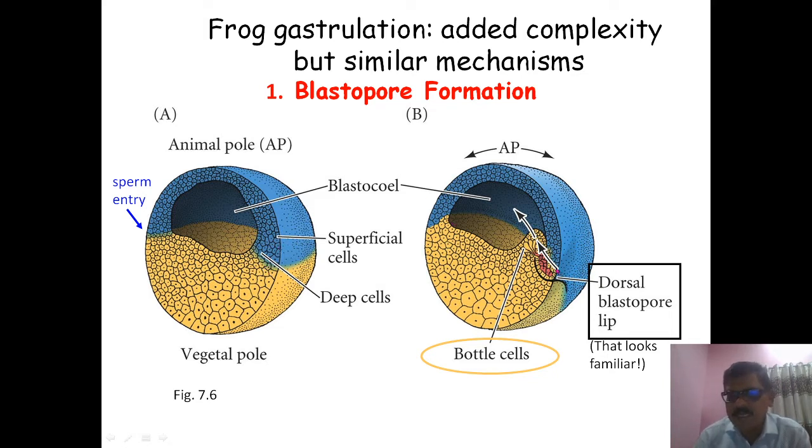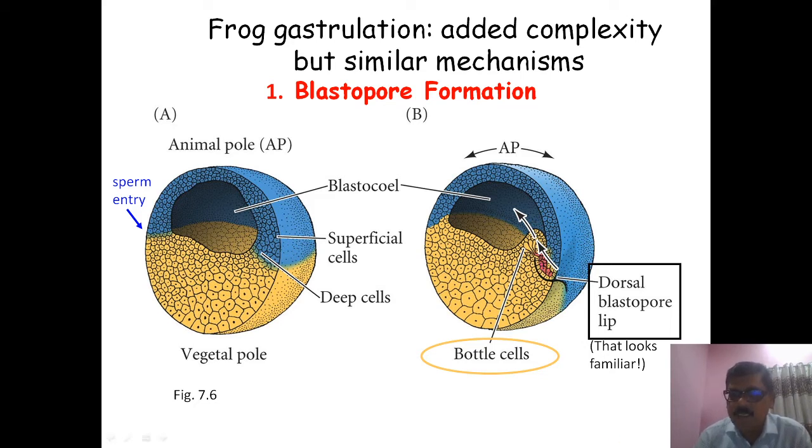What happens? The cells which are in the gray crescent area start to form the dorsal blastopore lip. This is the dorsal blastopore lip, from where the local inward buckling of the cells, that we call invagination, occurs.